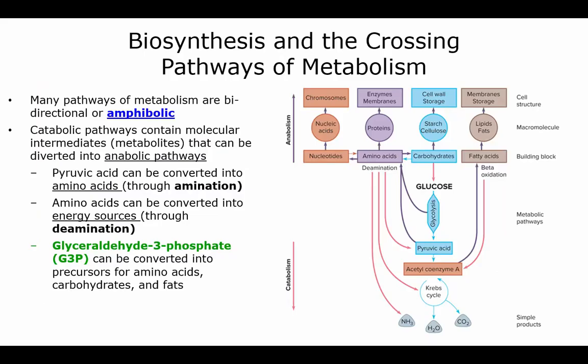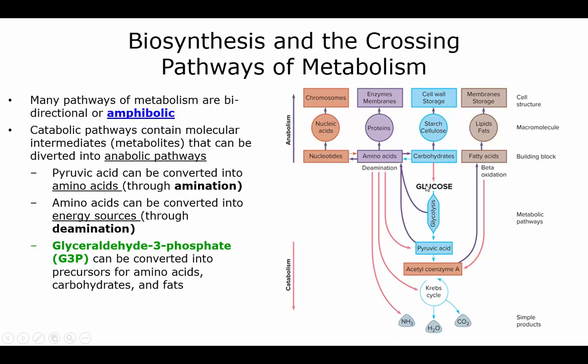Okay? As a matter of fact, we often say that metabolic processes are amphibolic. Amphibolic, which means more than one side. They can be used either way. And so I love this chart in that it says, okay, let's start off with glucose.